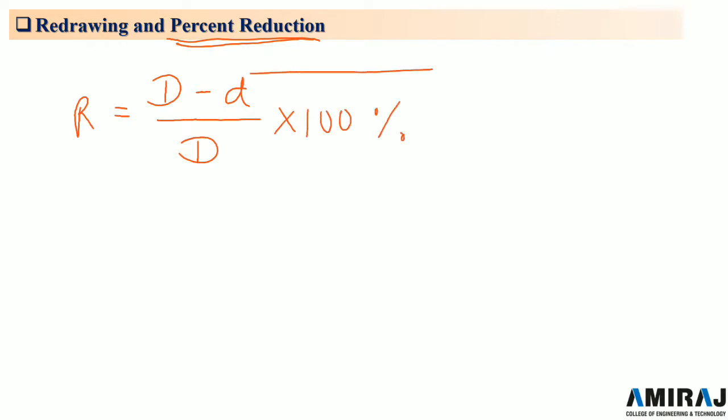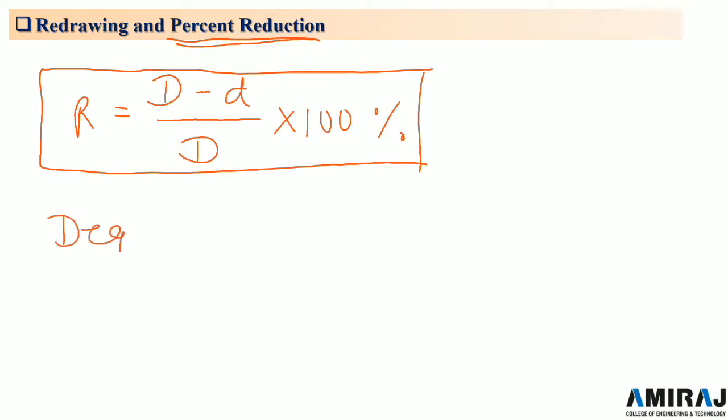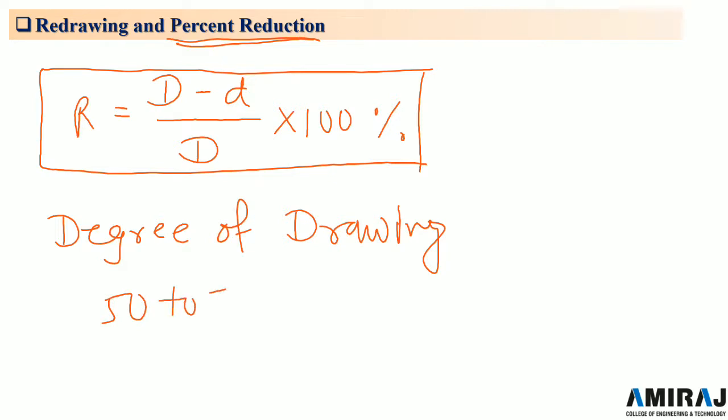This is the percentage reduction, and it is also sometimes called the degree of drawing, the amount by which we draw a blank or a component. Theoretically, it can be shown that a reduction of 50% to 70% is possible.